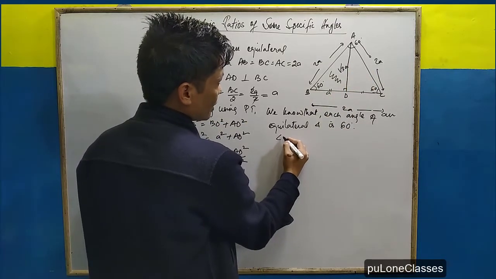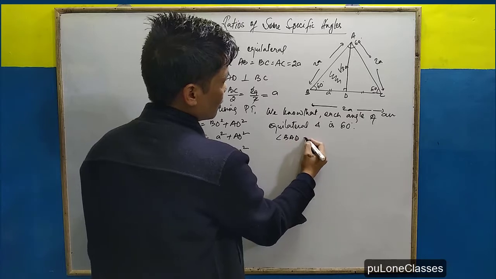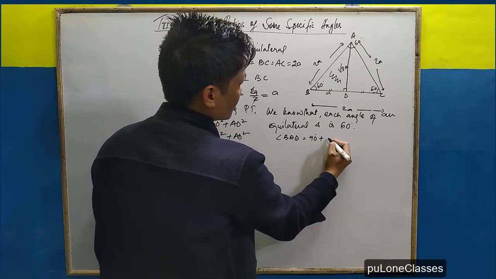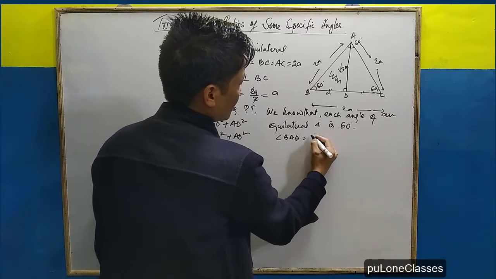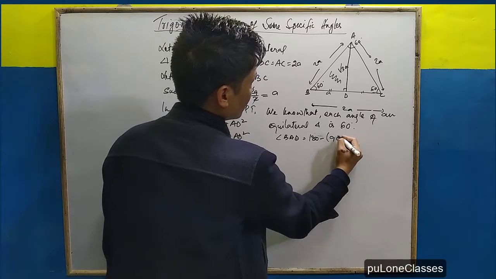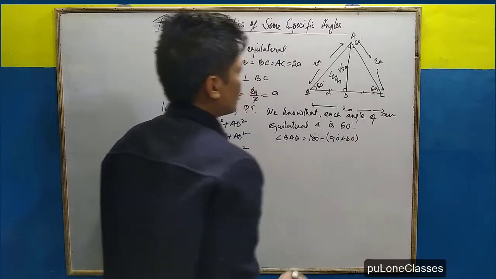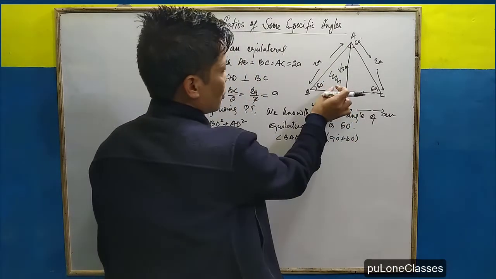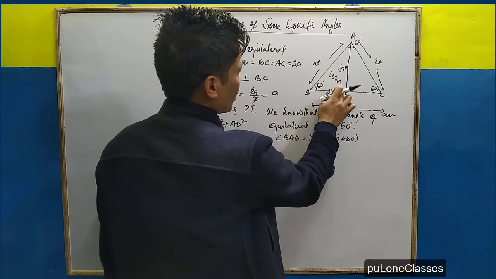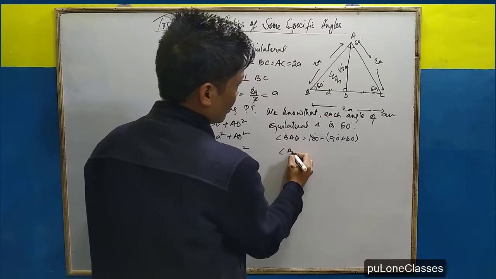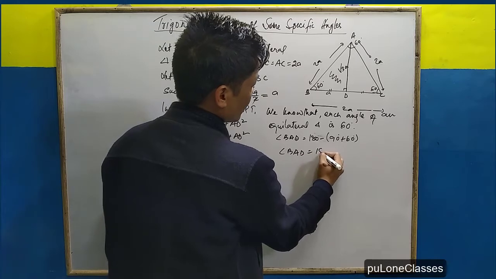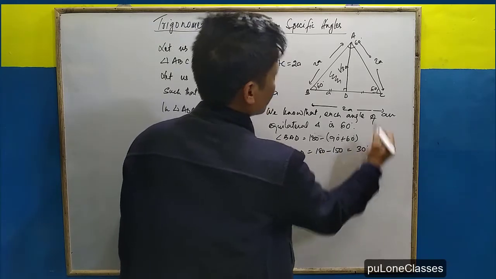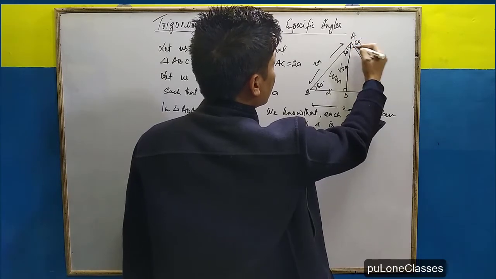Since the sum of the angles of triangle ADB is 180, angle BAD will be 180 minus the sum of these two angles, 90 plus 60. So angle BAD will be equal to 180 minus 150, which is 30 degrees. So this angle is 30 degrees.